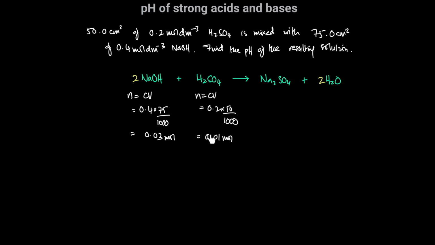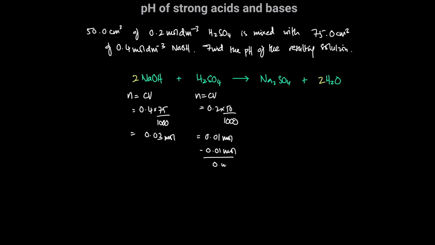Now over here what we can say is that sulfuric acid is the limiting reactant, and sodium hydroxide is in excess. Because we have only 0.01 moles of the acid, we need 0.02 moles of sodium hydroxide to react with it. So these 0.01 moles will react completely.